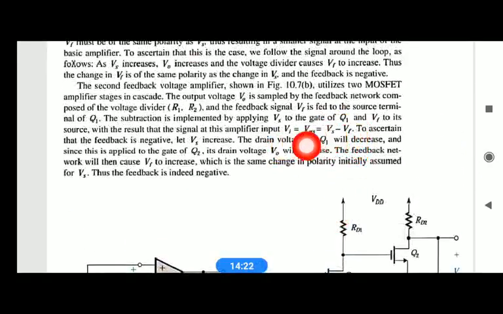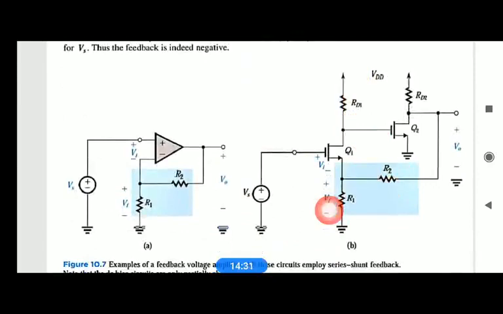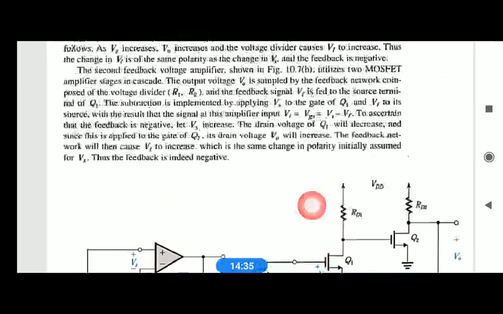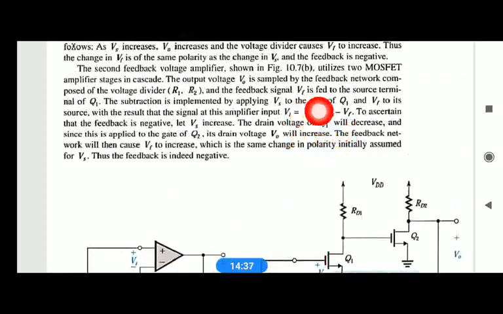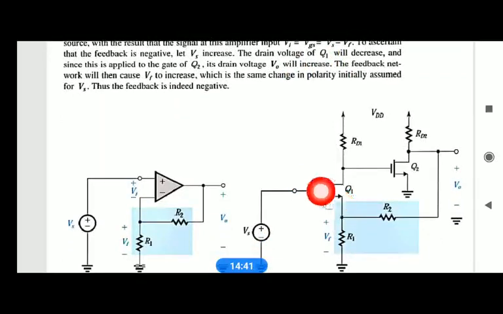That is, Vi is Vgs, which is equal to Vs minus Vf. Next, let us analyze this. When Vs increases, definitely Vgs increases. Vgs is the gate to source voltage of Q1.